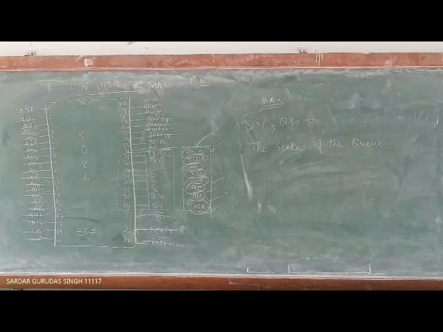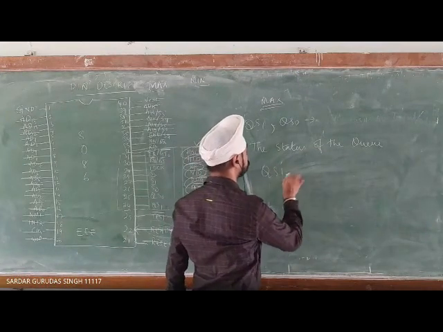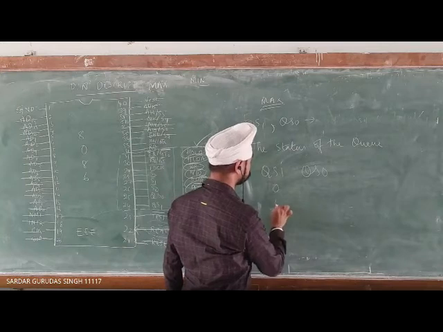How many bytes are stored in the queue? Here in the 8086, how many bytes are stored? In your architecture, I have drawn two diagrams. How many bytes are there?